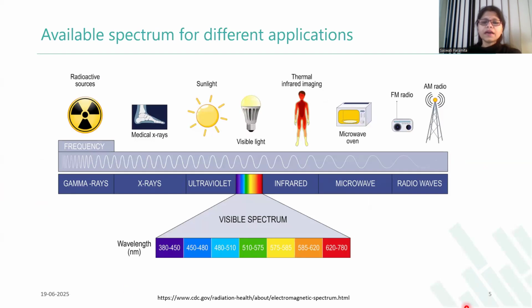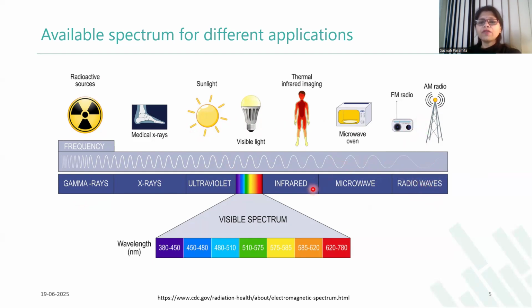In the case of electromagnetic spectrum availability, we have different kinds of spectrums, and based upon those spectrums we utilize them for different applications: gamma rays, X-rays, UV, visible light, IR, microwave, and radio waves. The radio wave spectrum we are using is limited.